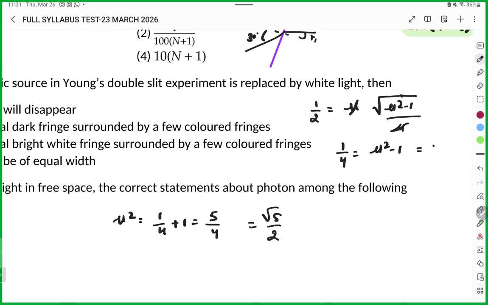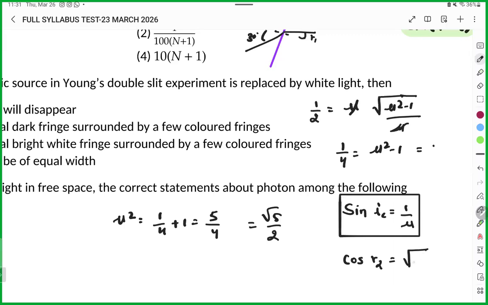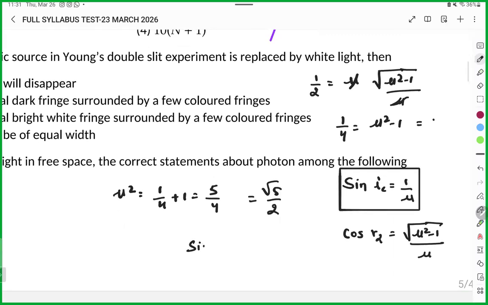Okay. In this case, you need to know that the critical angle condition is sine C equal to 1 by nu. You should also know that if you want to calculate the cos R2 value, it will be equal to under root 1 by nu square minus 1 by nu. And the third thing is sine 90 minus theta is equal to cos theta. If you understand these three rules, you can solve this question.